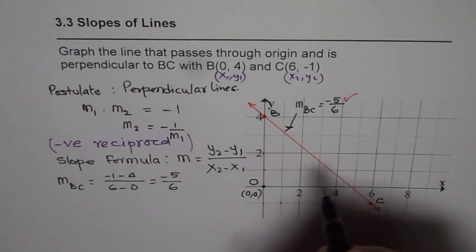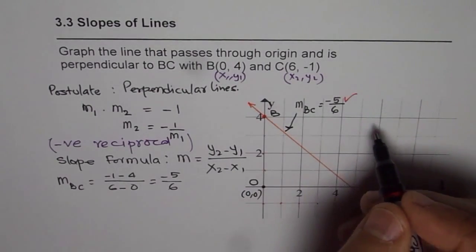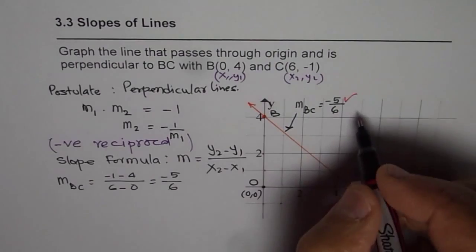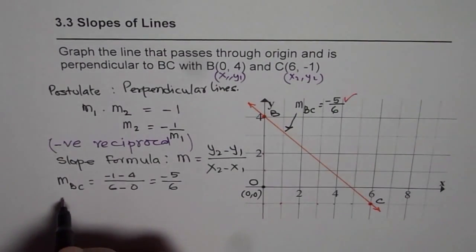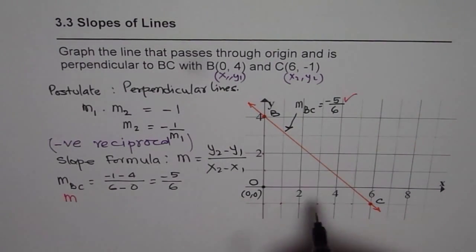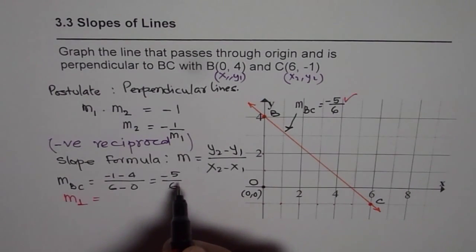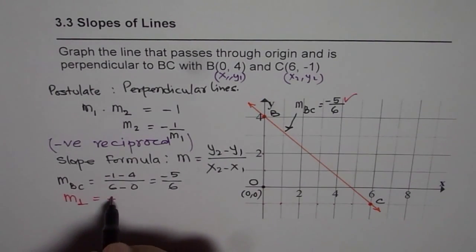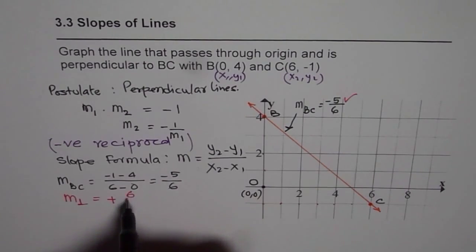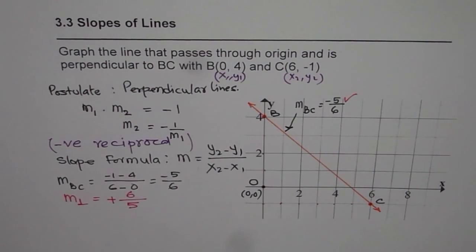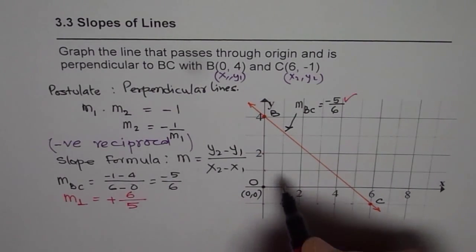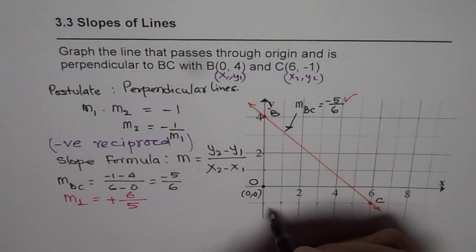Perpendicular lines should have slopes that are negative reciprocals, correct? So what should be the slope of the line going through the origin, which is perpendicular? We say negative reciprocal. Negative of negative is positive, and 6 over 5. 6 over 5. Do you see that? So that should be the slope of the line going through the origin, correct?